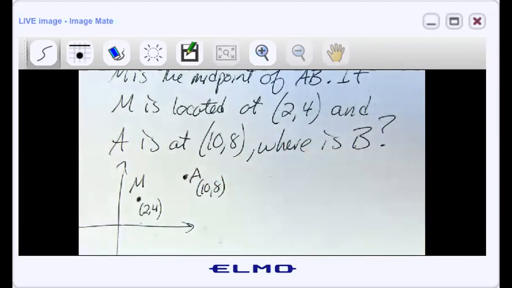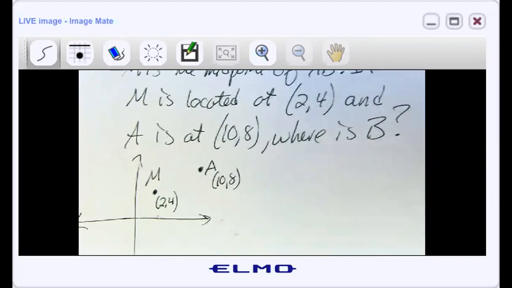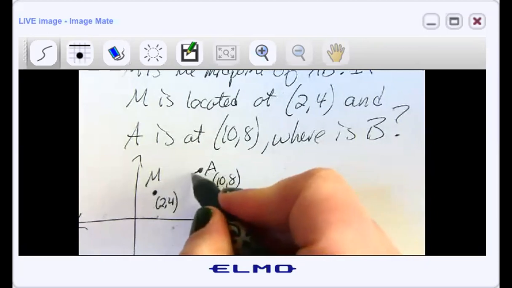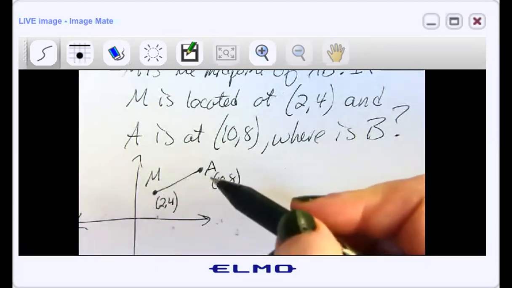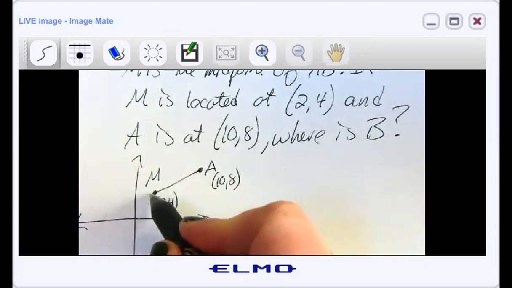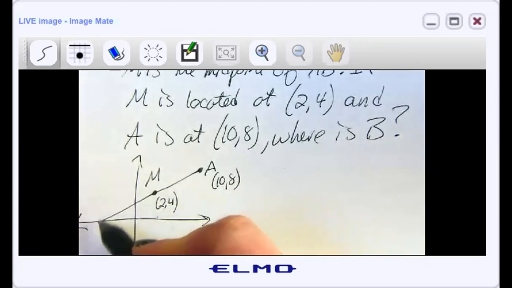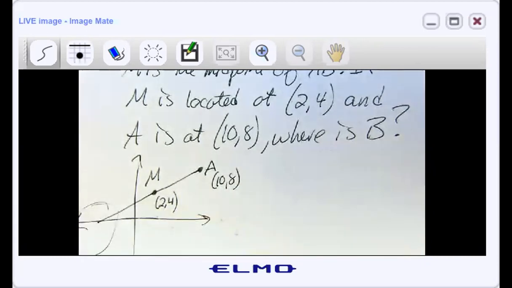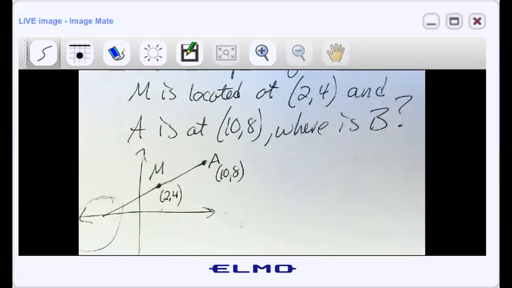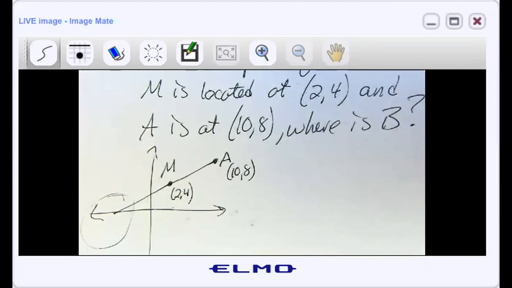So think about what I'm trying to do here. M is the midpoint. So here's A to M, and that's halfway. That means I need to keep going, and B is going to land somewhere over here. I don't know exactly where, but it's going to be somewhere in that region.